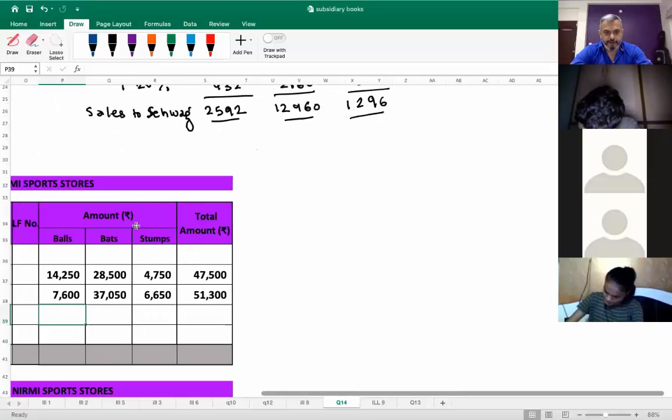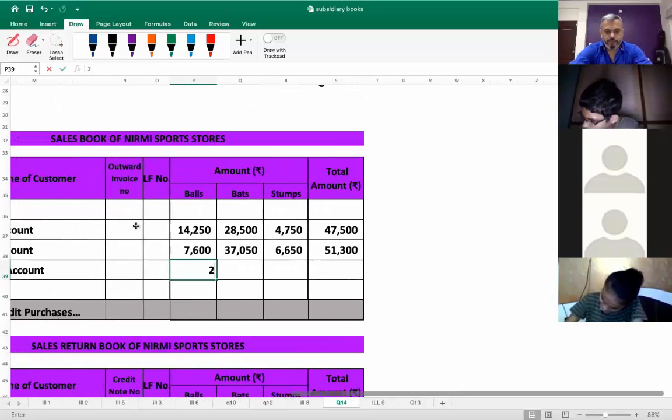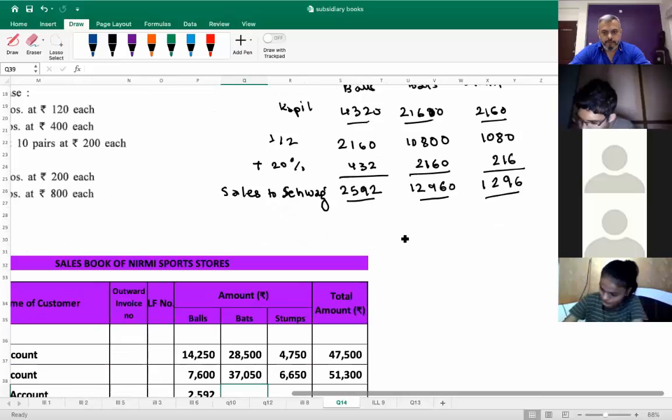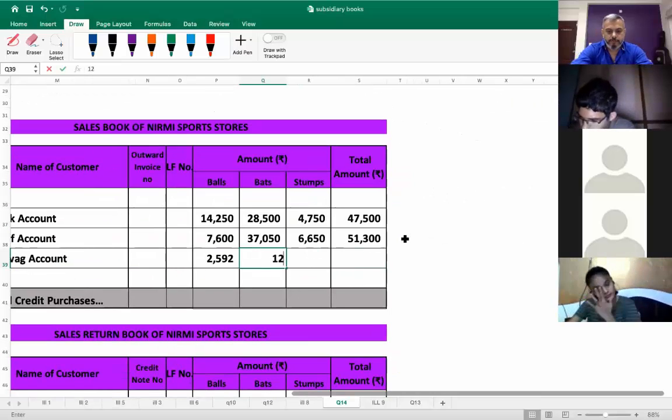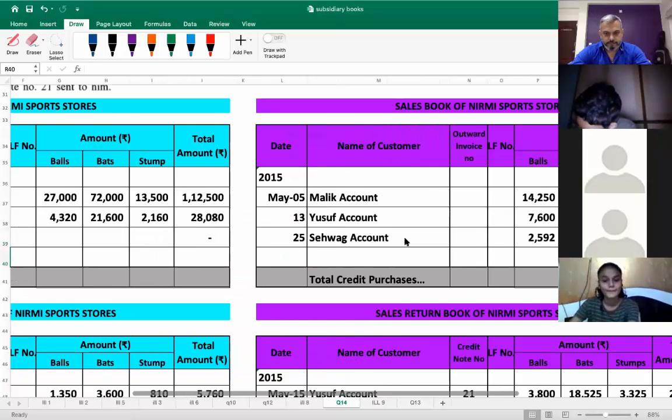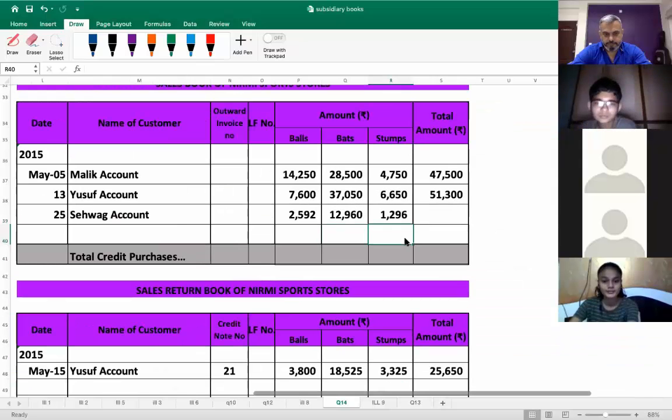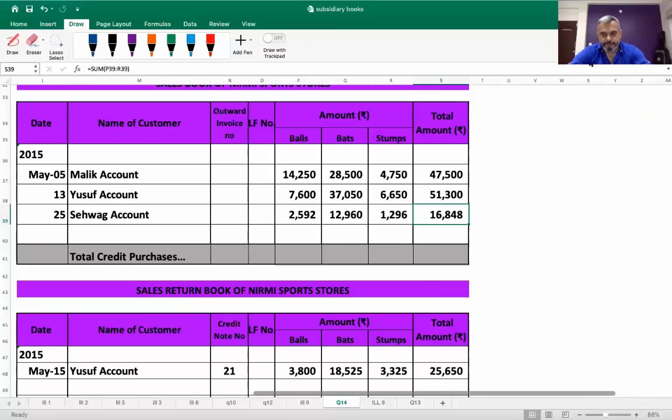Write the amount 2592, 12960 and 1296. 16848.